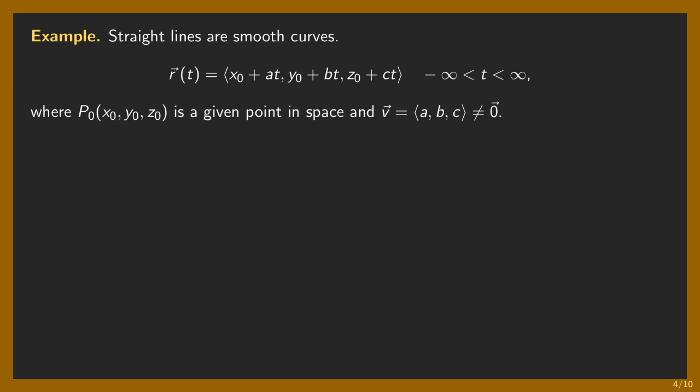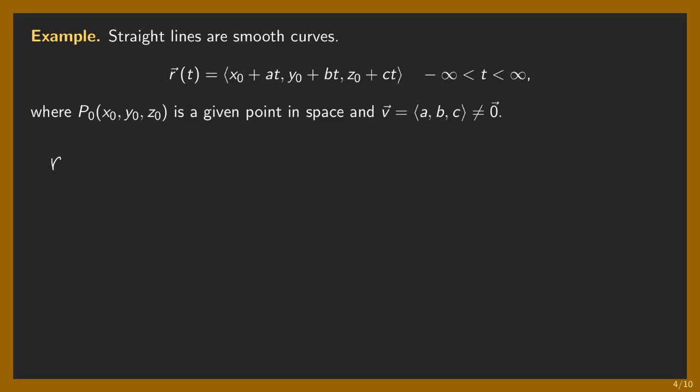For example, straight lines. We know that straight lines are usually parameterized by the following, where p sub 0 is a given point in space and v is the direction vector a, b, c of the line. Then the line can be parameterized using r of t as shown. As you can tell, each component is a linear function, right? Because these are linear functions, each one of these is differentiable.